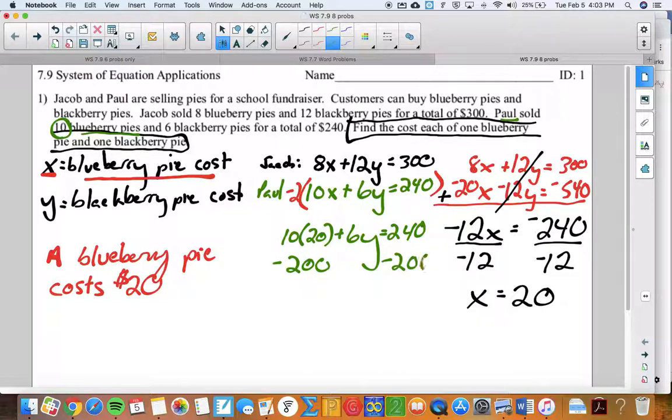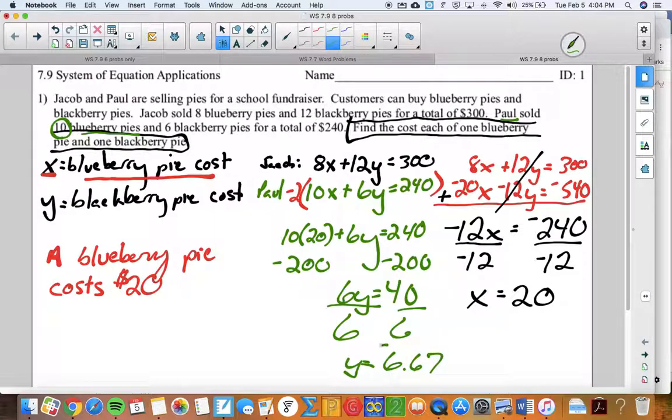That means he only sold $40 worth of blackberry pies. And so I'm getting a decimal. Maybe that can happen. Divided by 6, we get y equals $6.67, which I don't feel good about because I don't think that was the right answer. Decimals do happen. It could be.